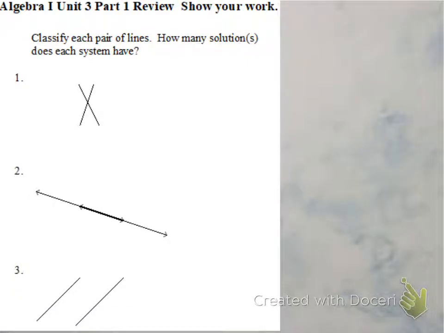All right, we're solving systems of linear inequalities, so we want to get the basic setup. If your lines end up being intersecting lines, like they are in number one, then you're going to have one point in common, or one solution.